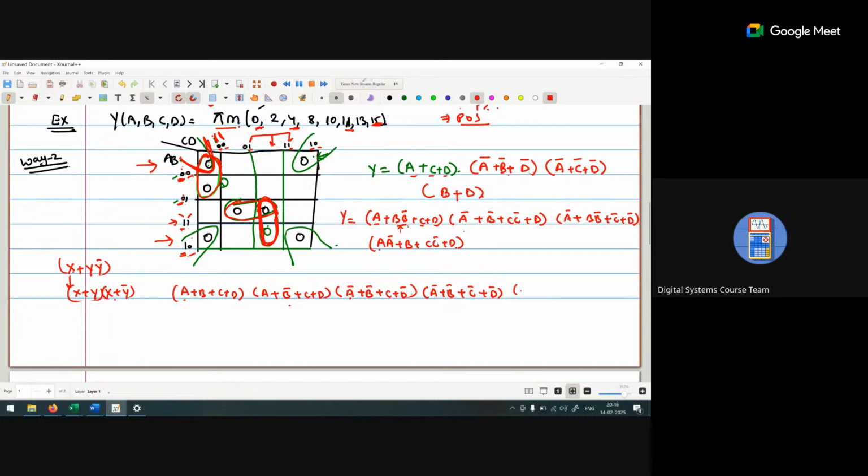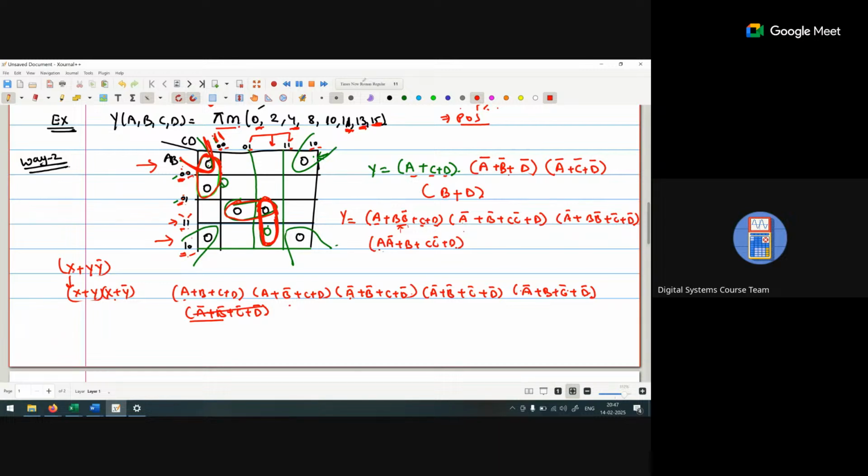Okay, I write this one as a bar plus b plus c bar plus d bar. Okay, 8 or 4, 12 and 1, 13. It is 8 to 10 on 1, 11. And a bar plus b bar plus c bar plus d bar is already covered, 15. So I'm not considering this term.